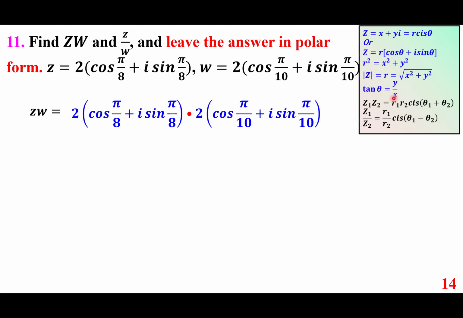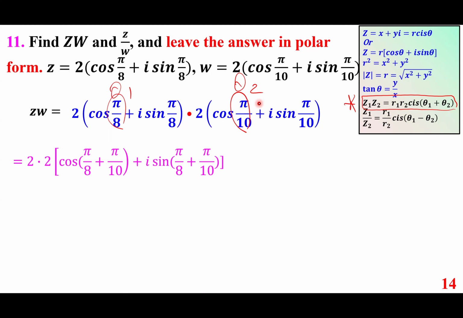So according to this formula, everybody, we're going to multiply 2 times 2, and then cis theta 1 plus theta 2. This is theta 1, this is theta 2. Two times 2, then cosine of pi over 8 plus pi over 10, plus i sine of pi over 8 plus pi over 10. That's it, which is very simple. Now, of course, 2 times 2 is 4.